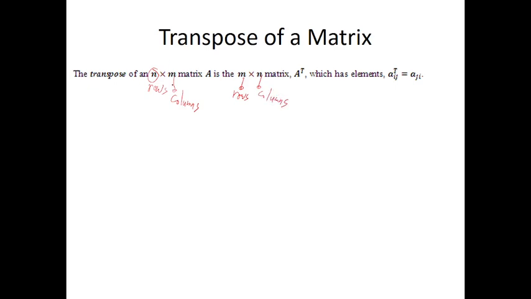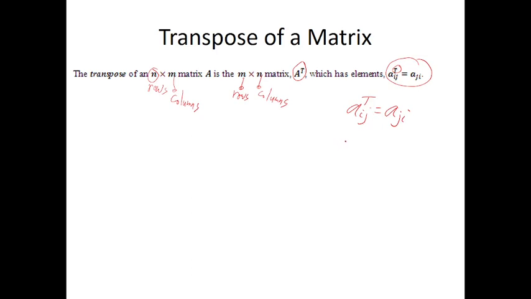So the transpose of the n by m matrix A is the m by n matrix A superscript T. Transposing, this element Aij when transposed becomes Aji.